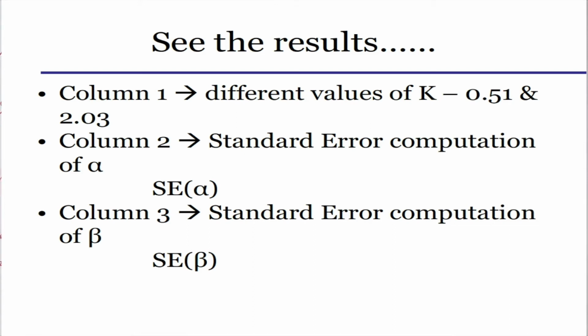The second set of columns is the standard error computation of alpha, and the third one is the standard error of beta. In the standard error of alpha, you have two columns, one is the OLS and the other one is GLS.